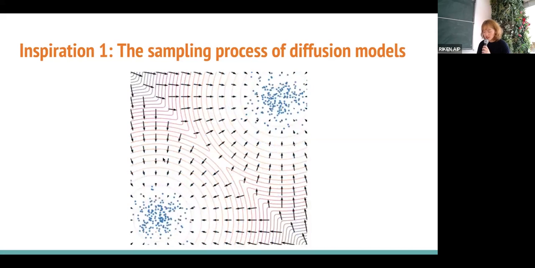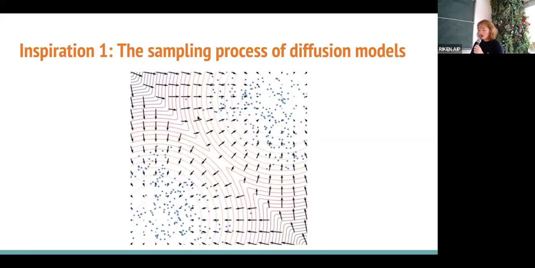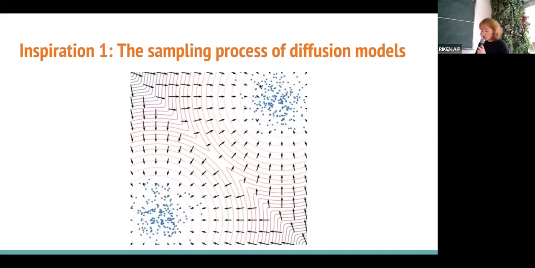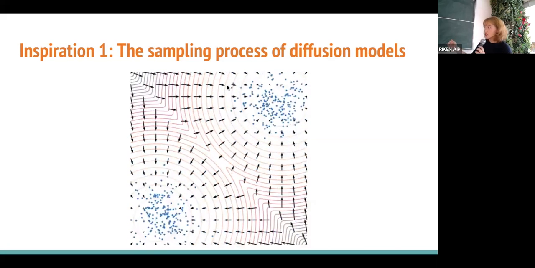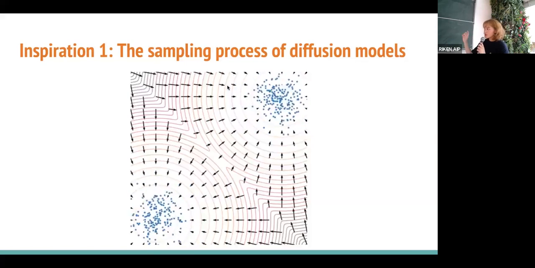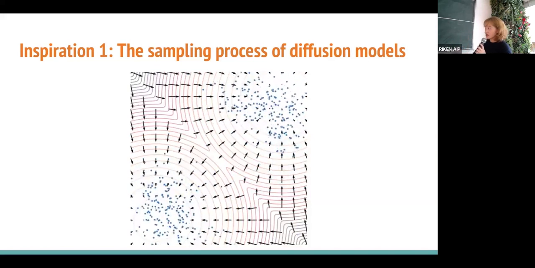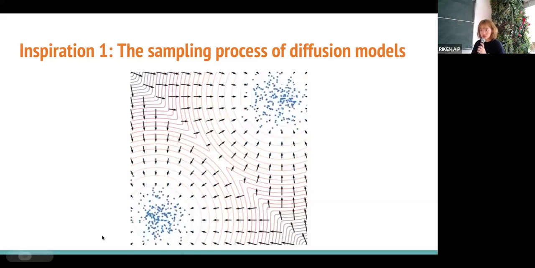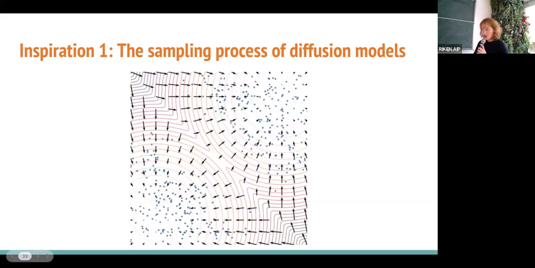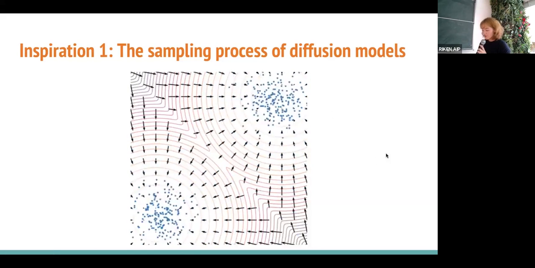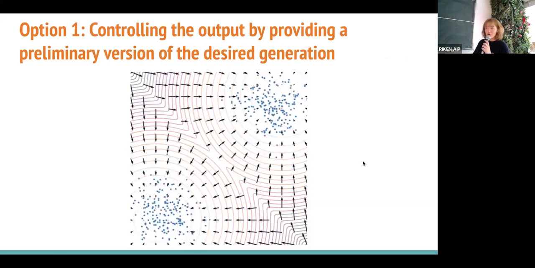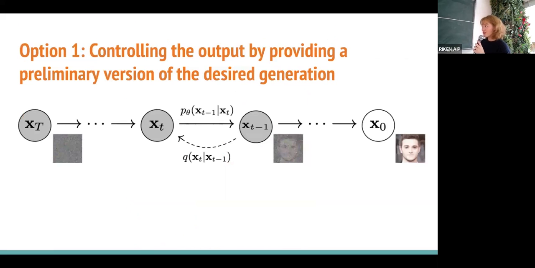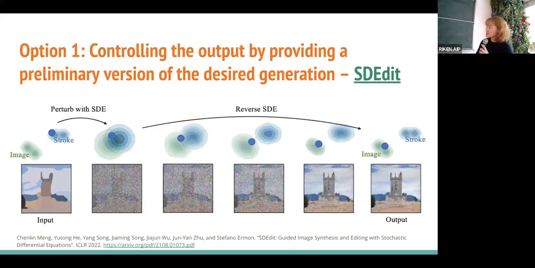Instead of randomly having the model decide, if we already know which mode we're going to, we just provide a preliminary sample or generation as the input, and then continue with the diffusion process to get to the point that we want. Yeah, this is exactly what we're doing. Super simple. And this is called SDEdit.